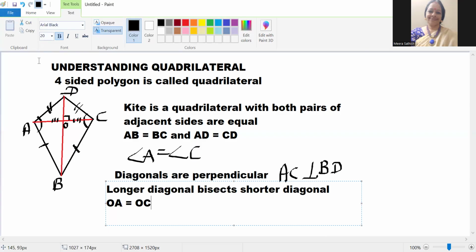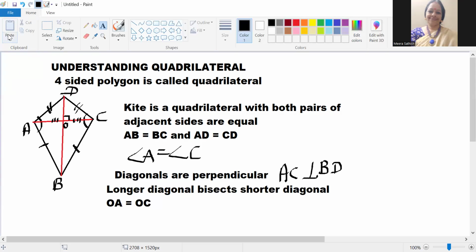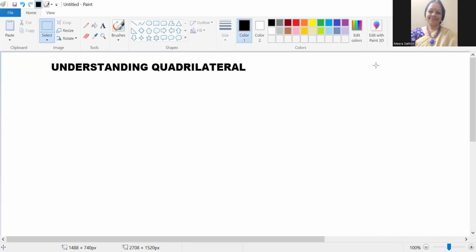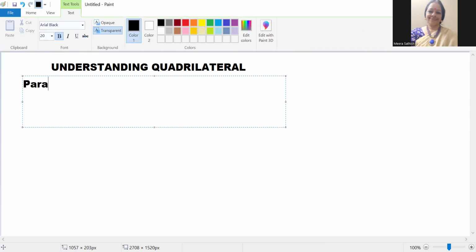Next in the family comes some important person, that is the parallelogram. I will just write the definition.